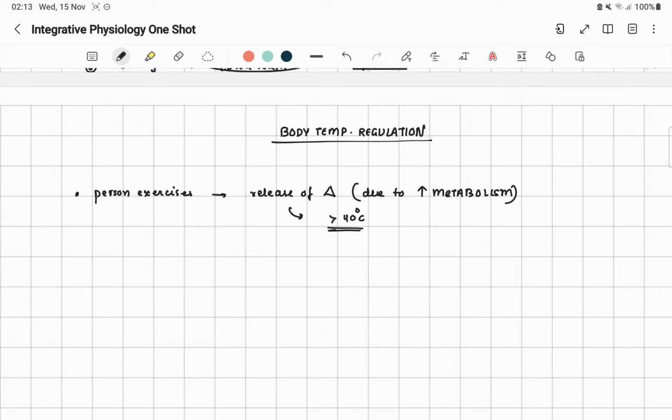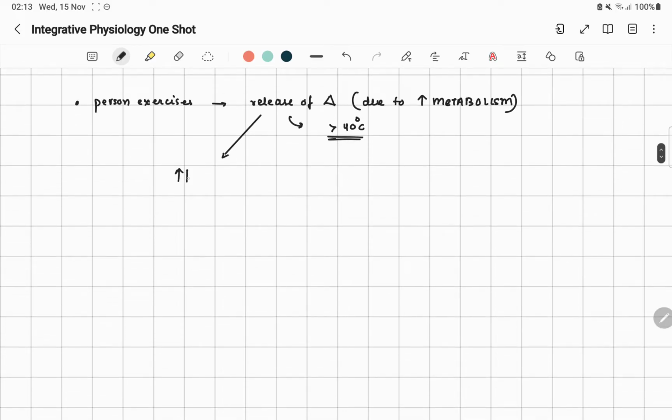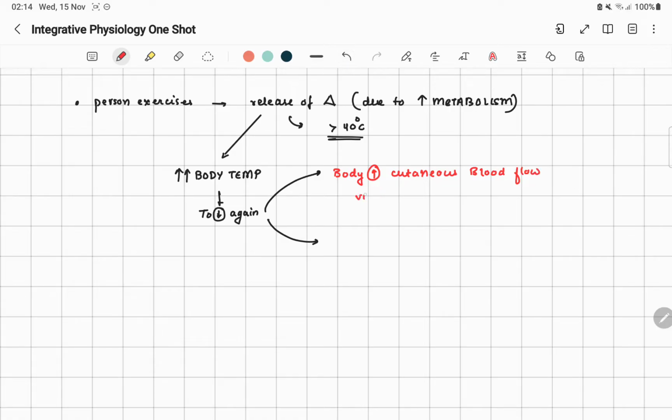This increased body temperature is reduced by mechanisms such as increased cutaneous blood flow via vasodilation, understood?